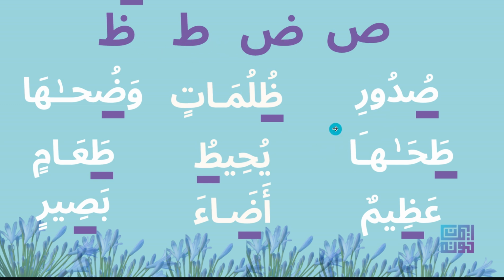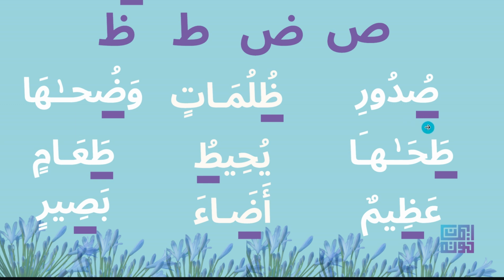And we also know that the ghain, the kha, and the qaf are elevated, and also the ra with fatha, and ra with dhamma. So let us see here how we are going to pronounce those words. We have 9 words here, and let us see the technique of pronouncing the elevated letters beside the lowered letters.